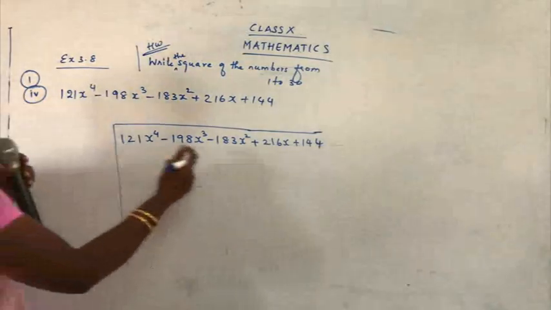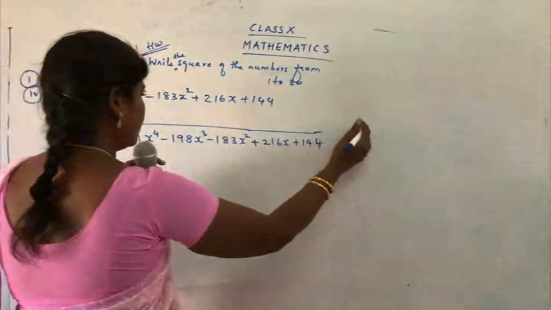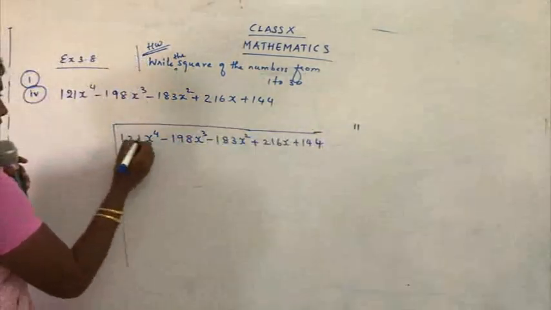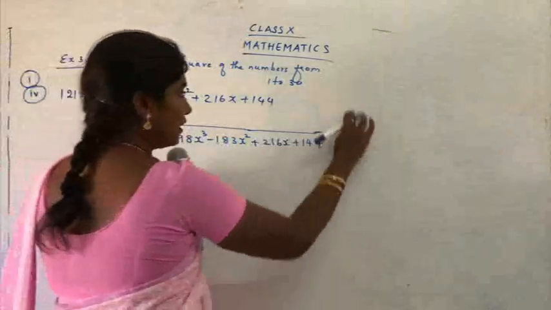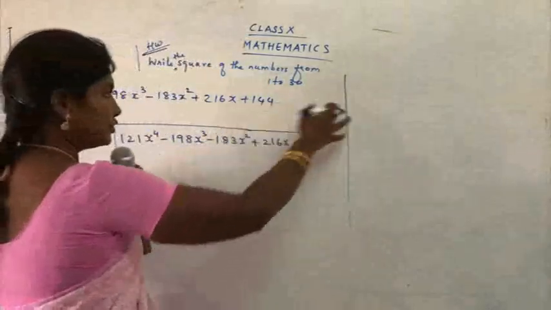So 121 is a square of 11. So in place of 121, the square root of 121x raised to 4 is... I told you to follow the steps. You have to show whatever steps you do in the rough column.